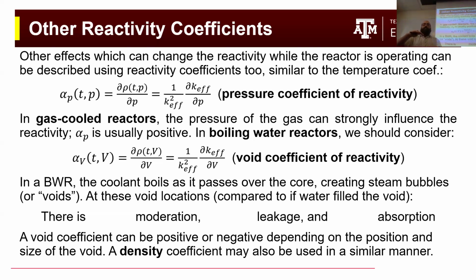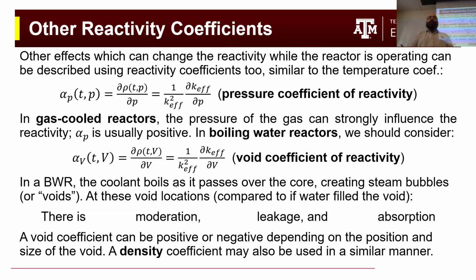If you think about the quality, how much steam you have, it's zero at the bottom because it's all water coming into the bottom of your core. And as you go vertically upward, you have a change in quality as a function of your vertical change in height. And if you have steam forming in your core, that changes the cross-section properties of your moderator.